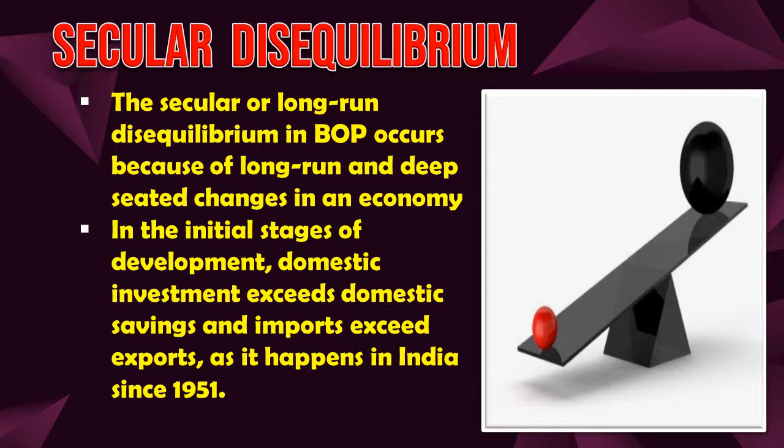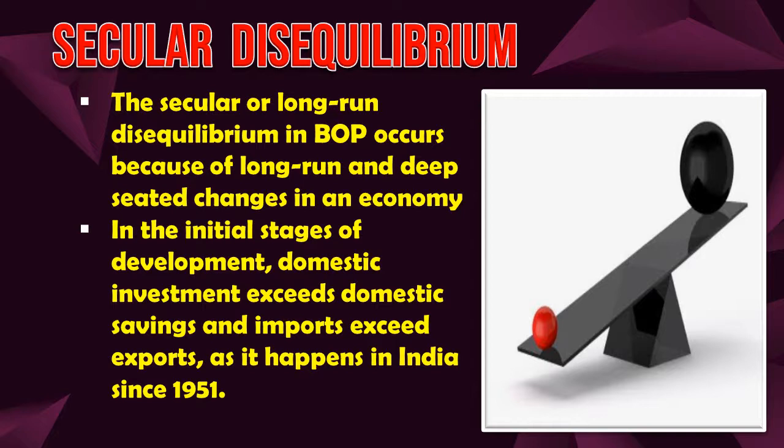In the initial stages of development, domestic investment exceeds domestic savings and imports exceed exports, as it happened in India since 1951. Listen, in the initial stage of development, what happens?